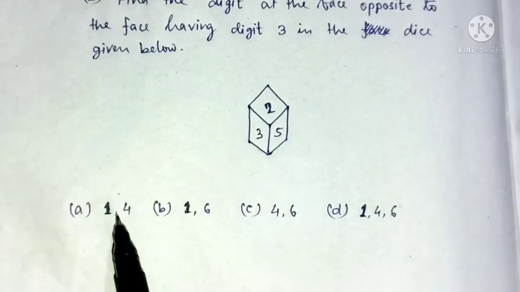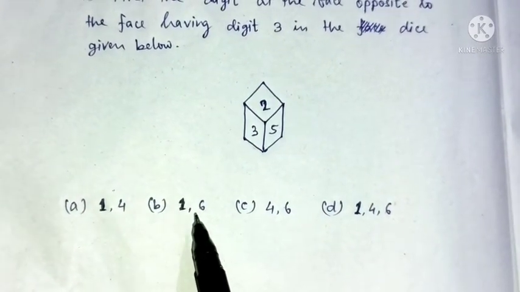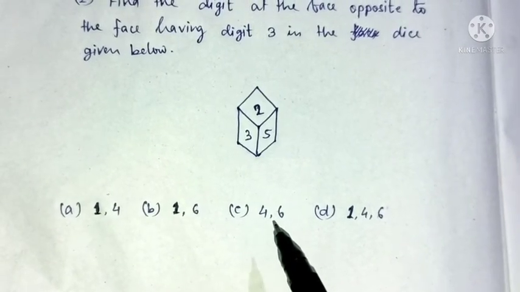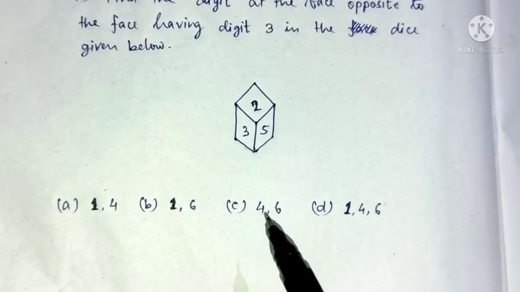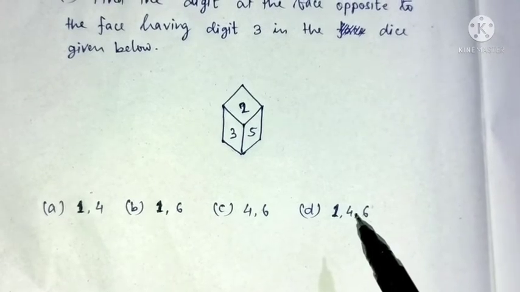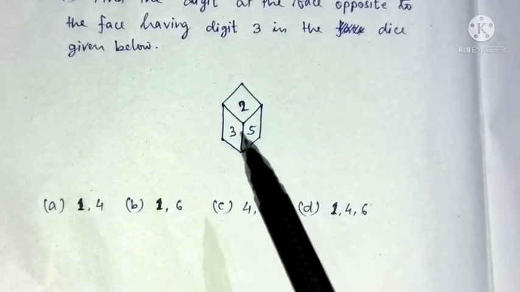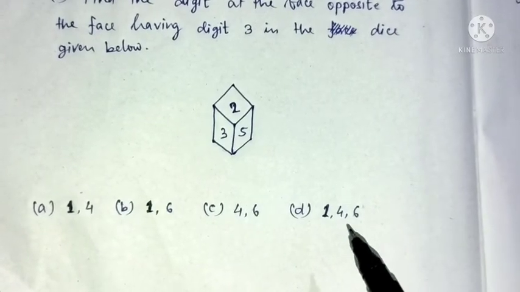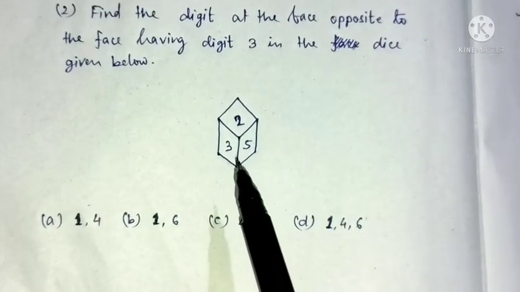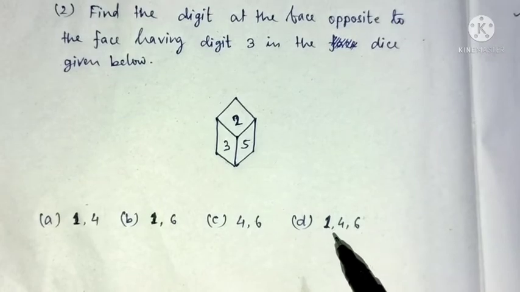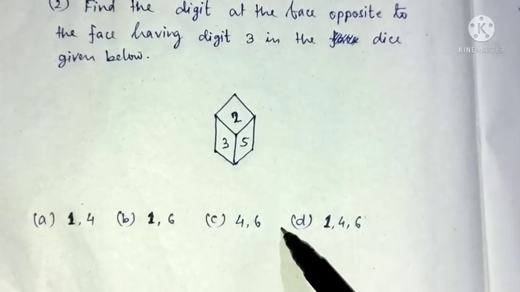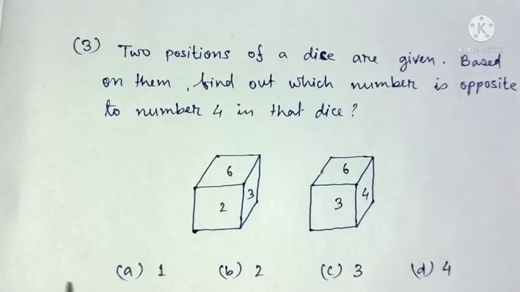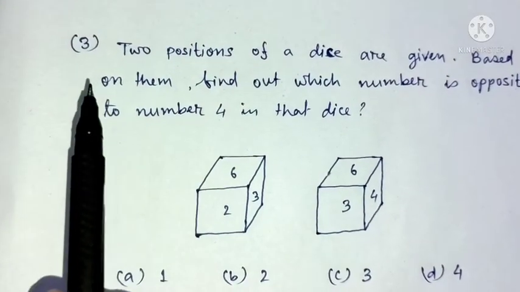That is why option A, only 1 and 4, is not correct, only 1 and 6 in option B is not correct, and option C is 4 and 6, it is also not correct because 1 is omitted, and option D is correct here because all the digits which are not given here are given in the option. That is why 3's opposite face may be 1, 4 and 6, and so option D is the correct answer.